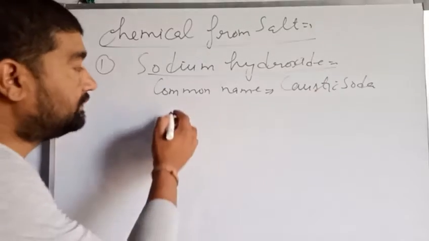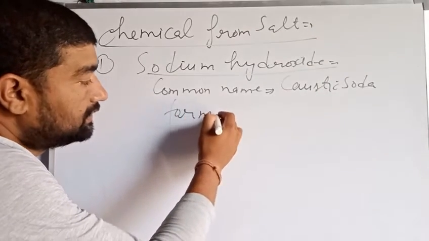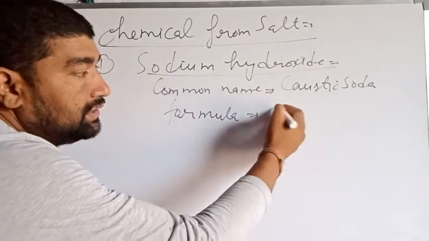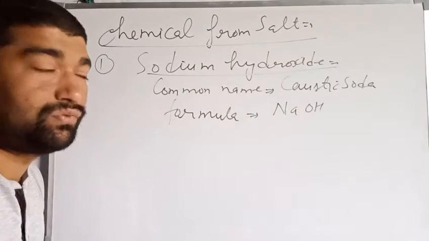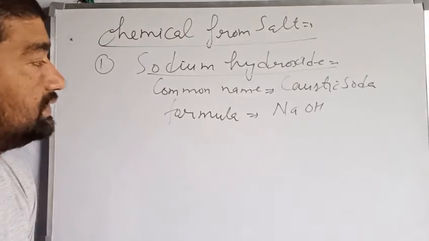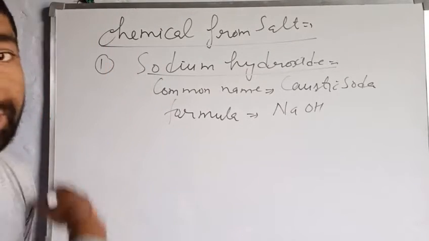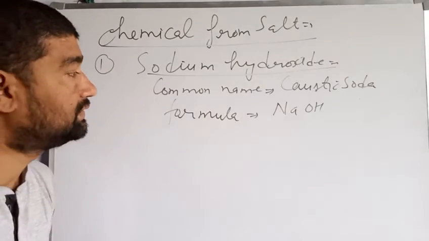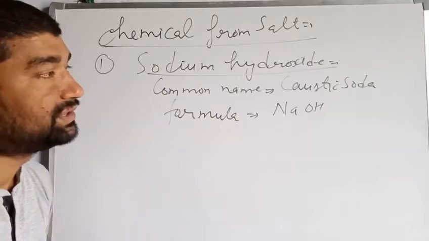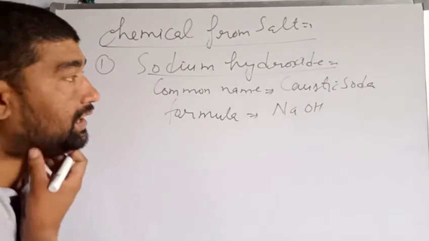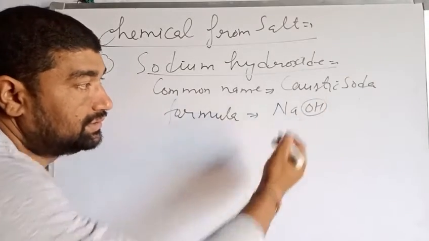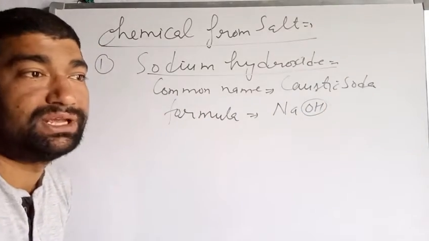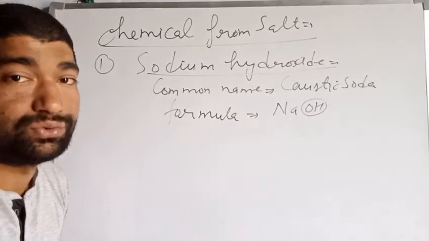The formula for that chemical is NaOH. This is the chemical formula. The common name is caustic soda. Also, you can see that this is a base. Basically it is used in the preparation of soap.